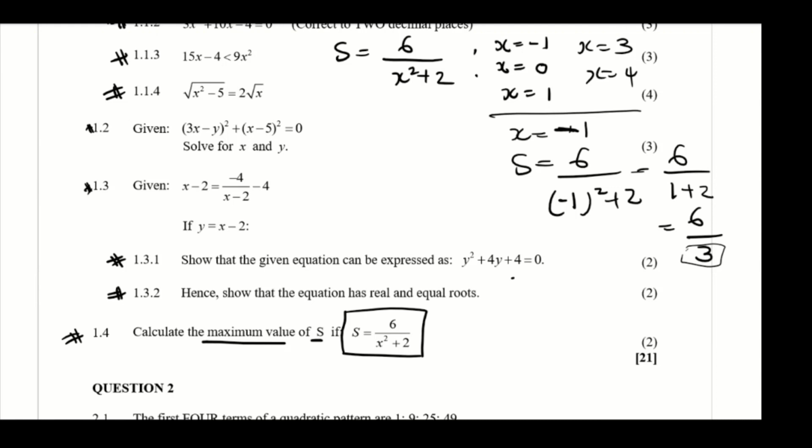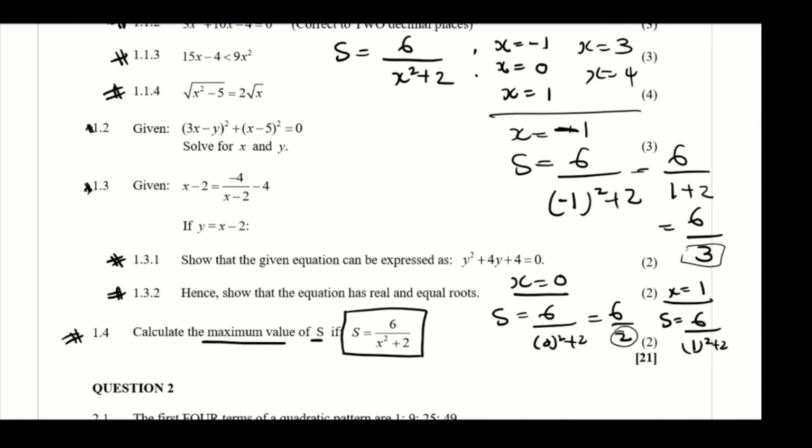Let me test for x equals 0, right? So s is equal to 6 over 0 squared plus 2. So our expression is 6 over 2. So the denominator is 2, it's small. Let me test for x equals 1, right? So s is equal to 6 over 1 squared plus 2. So it's going to be 6 over 3 basically.